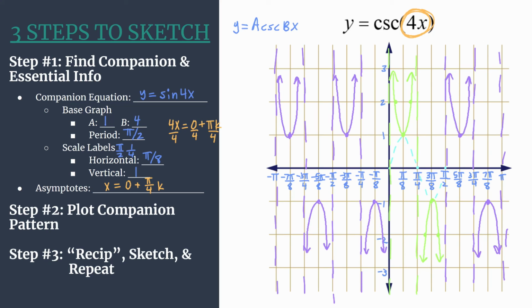So this is 4 cycles of y equals cosecant 4x using the 3 steps to sketch basic method.